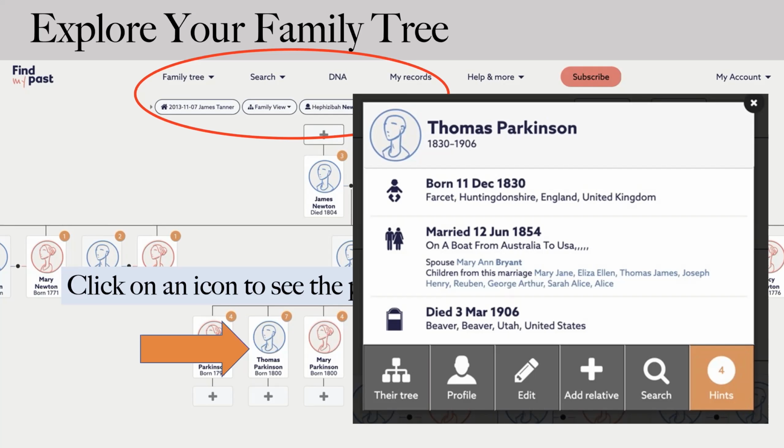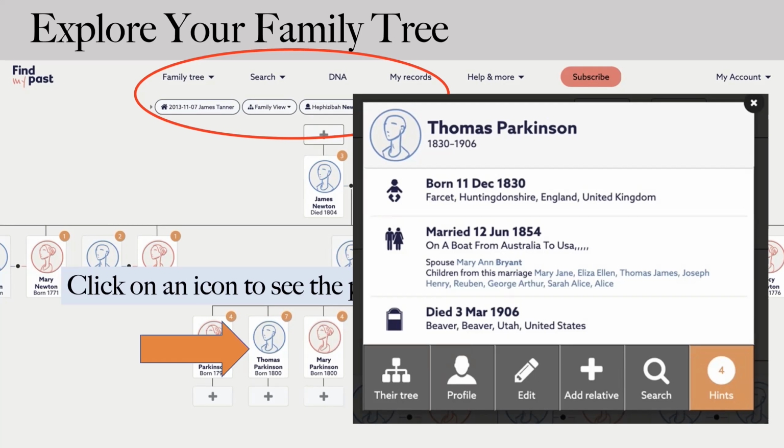One of the things that's interesting is that this particular person in my line, Thomas Parkinson, was born in England, as it says right there, but his family emigrated to Australia in the 1850s, and he then joined the Church of Jesus Christ of Latter-day Saints and got married on the boat coming over from Australia, and ended up in Beaver, Utah.